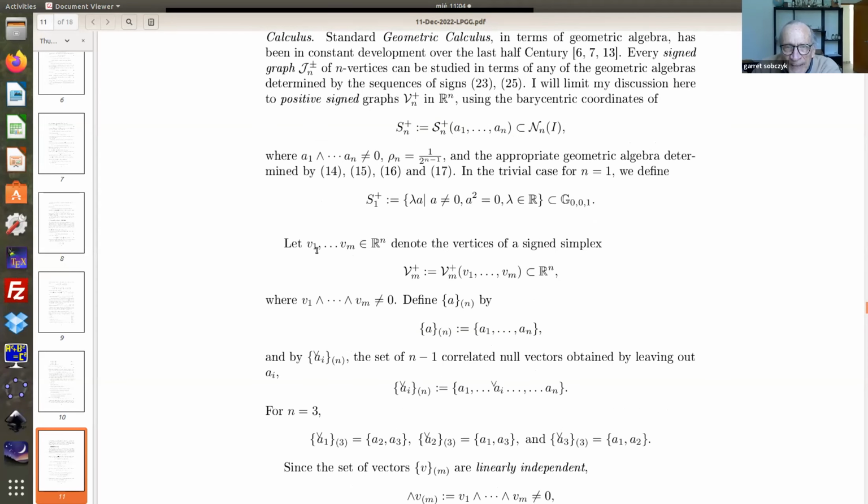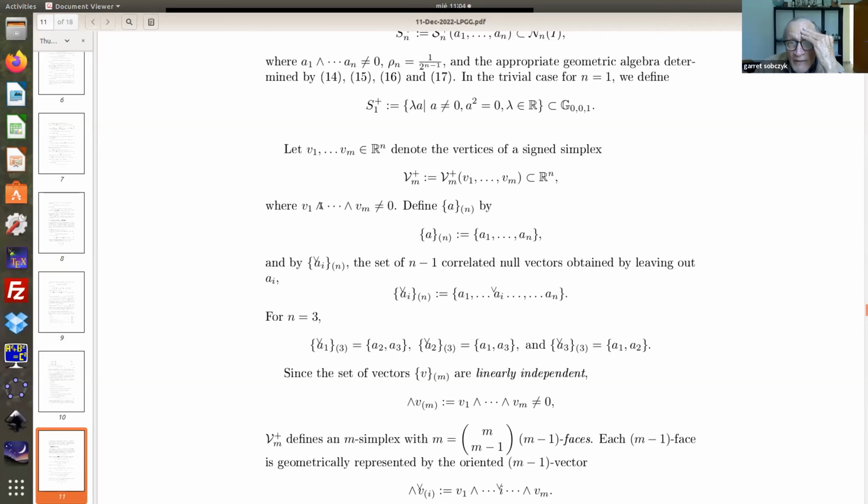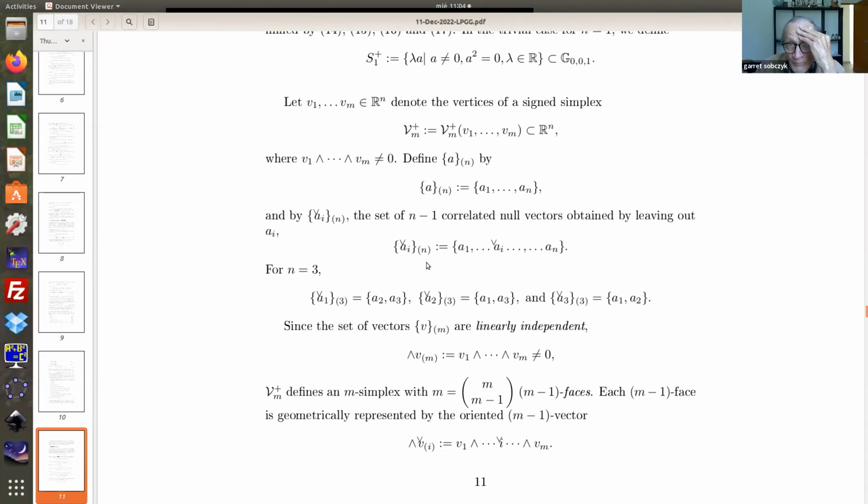Okay, so now I'm defining, we take Rn, take V1 up to Vm in Rn, and I assume that V1 up to Vm is not 0. And I define A1 up to An by this notation, which I'm using to represent these ideas.